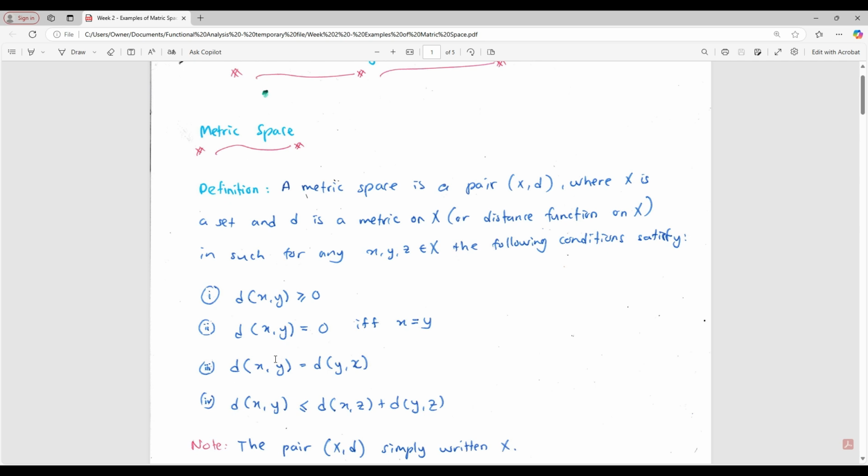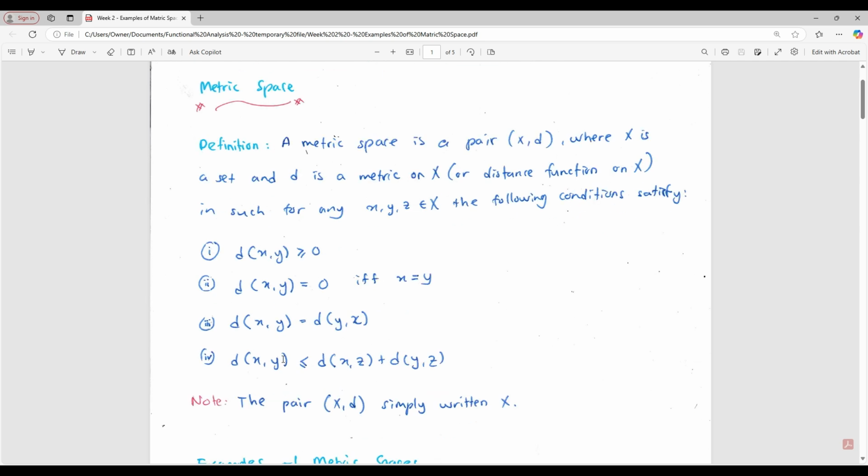The third property is that it has to satisfy symmetry, which is when you take the distance, or the metric, between X and Y, it has to be equal to the metric of Y and X. And the last one, the most difficult part that we want to prove in a metric space, is the triangle inequality.